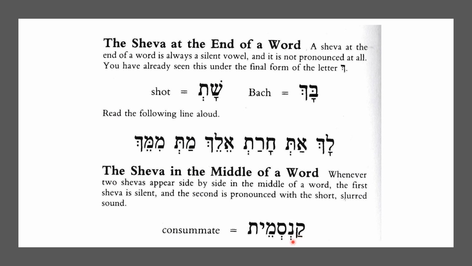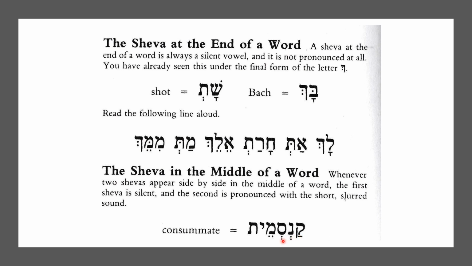Okay? What makes sense here, if you think about it, is the first shava is actually closing a syllable. So here we have khan. Khan is the syllable. If that syllable is closed there, then the next syllable has to start with some kind of sound. So khan, smate. It's essentially the same rule.